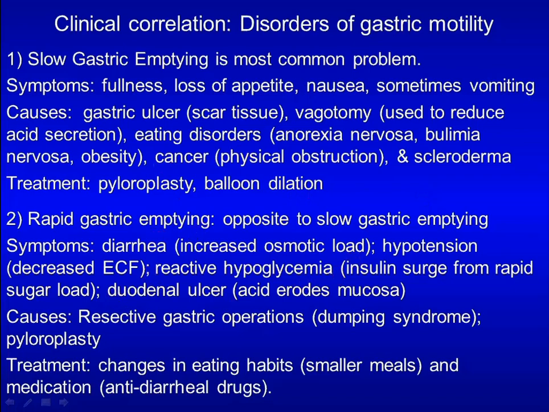It typically occurs after surgery to remove all or part of stomach or stomach bypass surgery. For treatment, changes in eating habits with a smaller meal each time often can improve the condition. If not, medications such as anti-diarrhea drugs can be used.